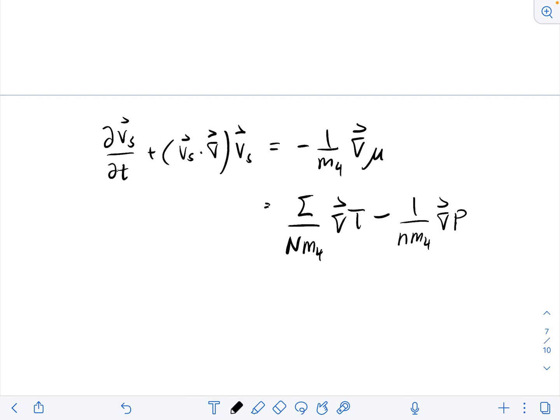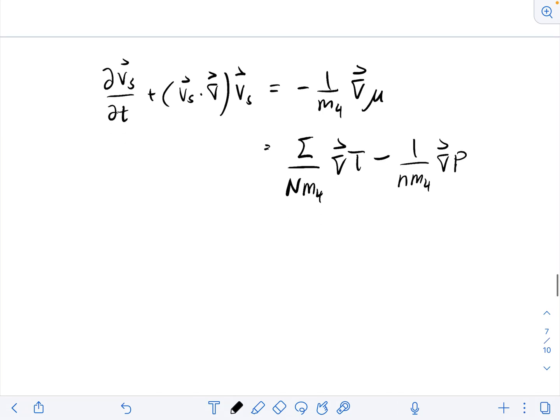Okay, so if we have the number of particles times the mass of a helium-4 atom, that's equal to the total mass in our system, and the total mass could be written as density times the volume of the system.